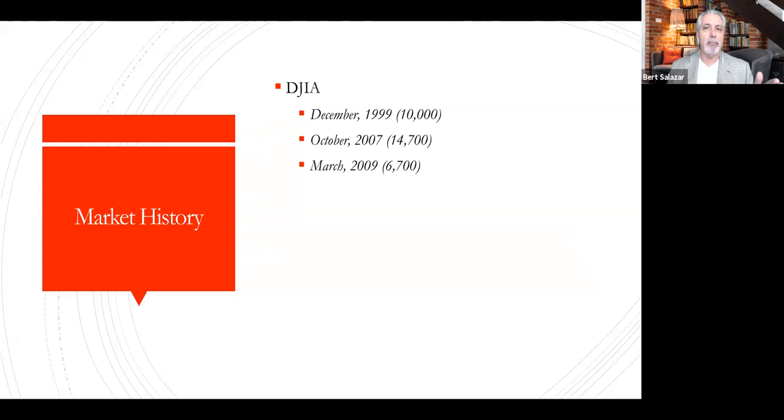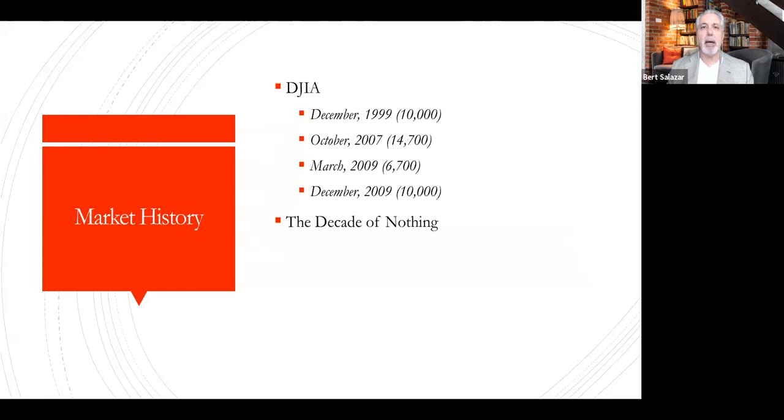Then between March of 2009 and December of 2009, the market kind of crawled back up again, and it got back to 10,000 once again. So the point here is that it hit 10,000 in 1999, and the next time that it hit 10,000 again was in December of 2009, although in 2007, it went up to 14,700 points. So this is what we call the decade of nothing.